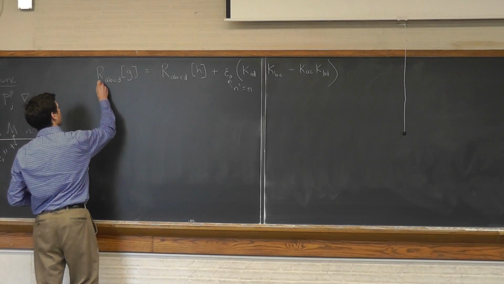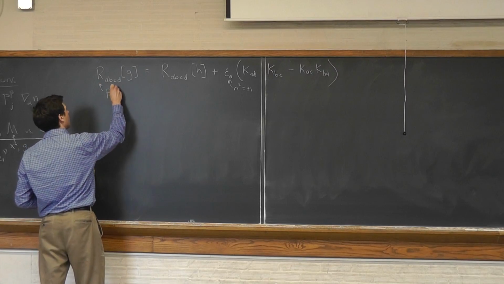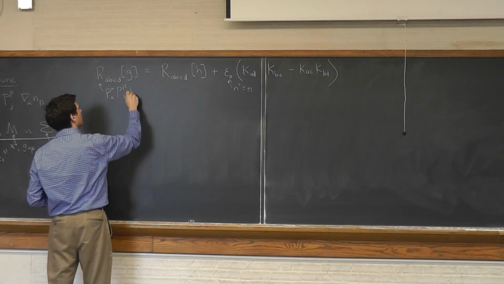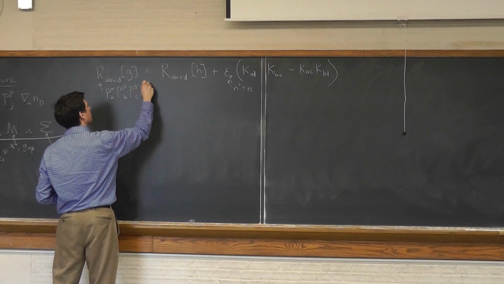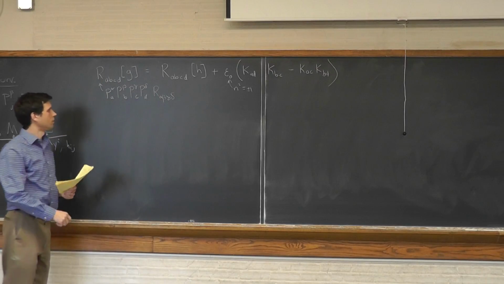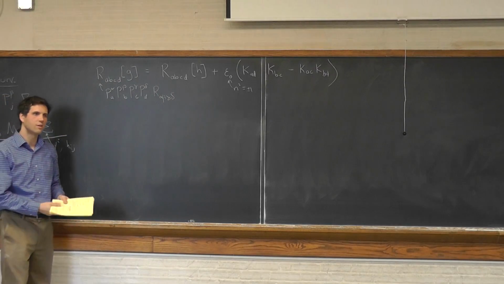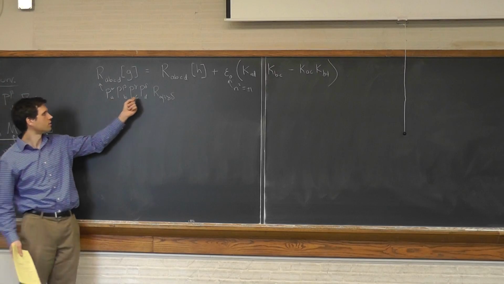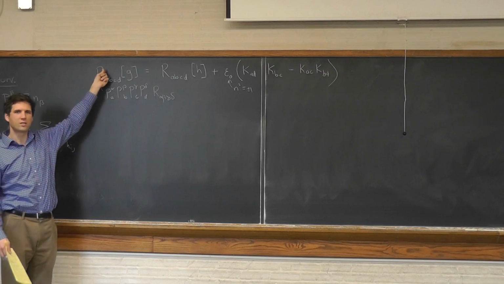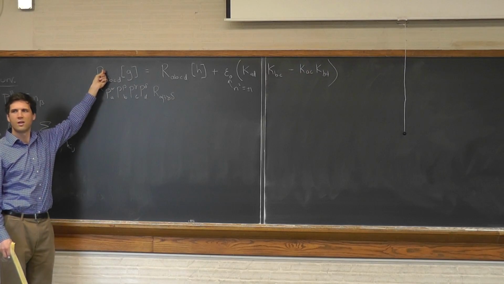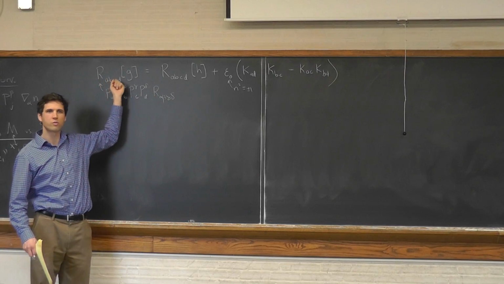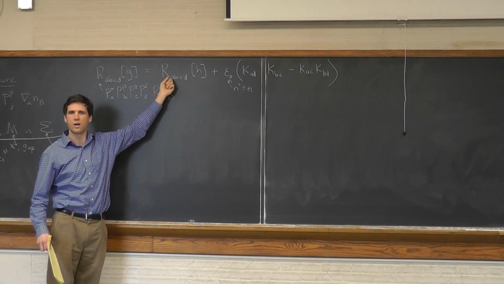So what I mean by this is the pullback of that: P^alpha_A P^beta_B P^gamma_C P^delta_D R_alpha beta gamma delta. If you take the spacetime Riemann tensor and pull it back to the hypersurface, this equation is telling you how to compare that spacetime curvature to the intrinsic curvature on the hypersurface.